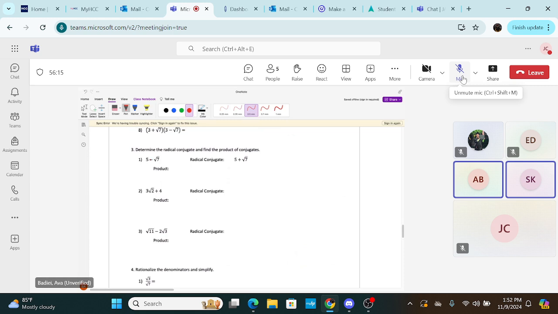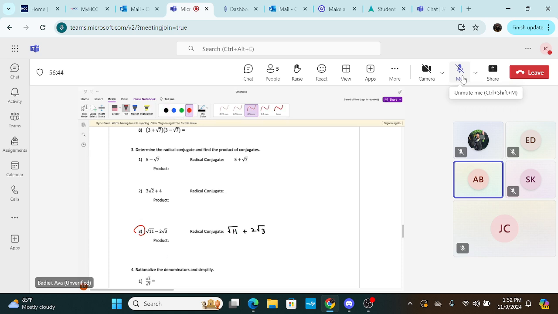So this is going to be determine the radical conjugate and find the product of them. So first thing first, this is the number that they gave us. The conjugate is going to be the same thing, just instead of subtraction, it's addition. So it will be square root of 11 plus 2 square root of 3.